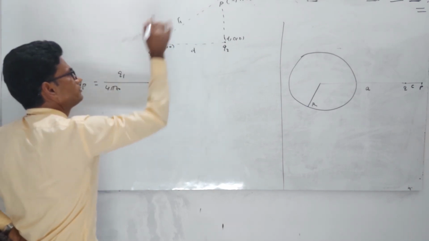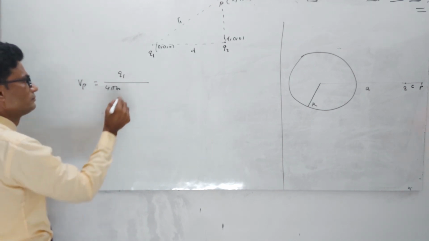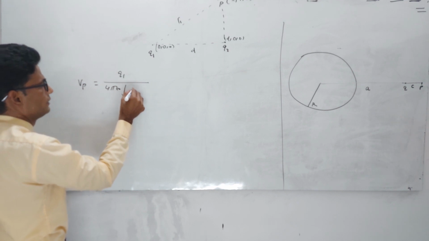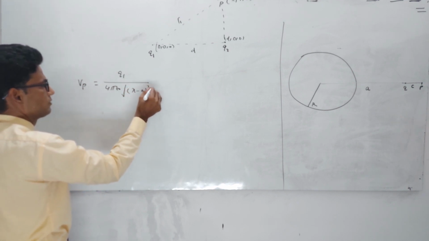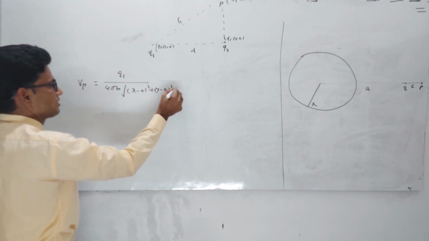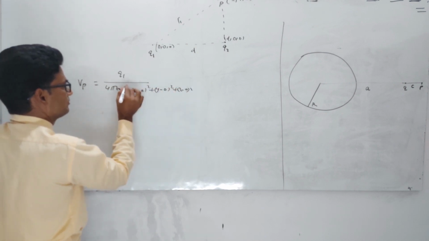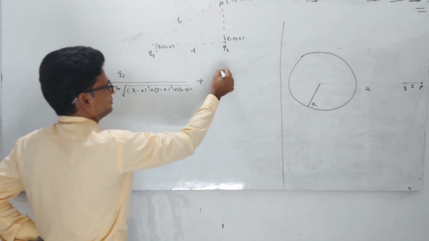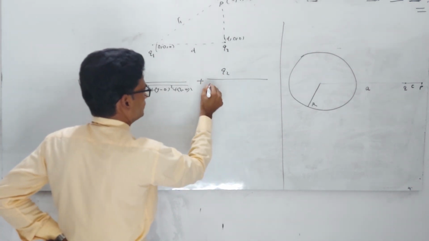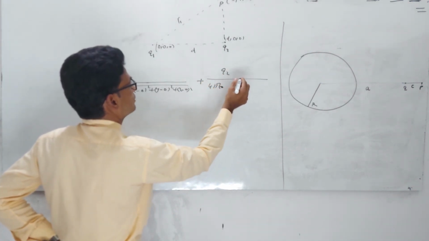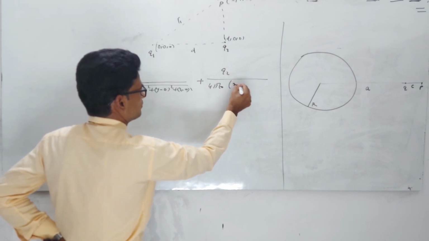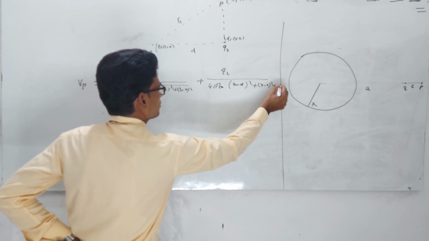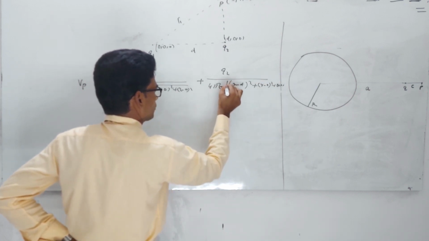So this is R1. So this is the square root of x minus 0 whole square plus y minus 0 whole square plus z minus 0 whole square, plus Q2 over 4 pi epsilon naught times the square root of x minus d whole square plus y minus 0 whole square plus z minus 0 whole square.